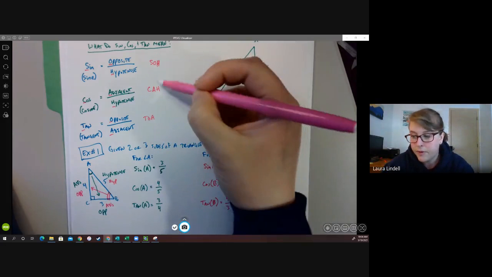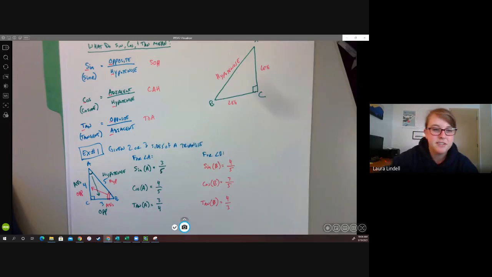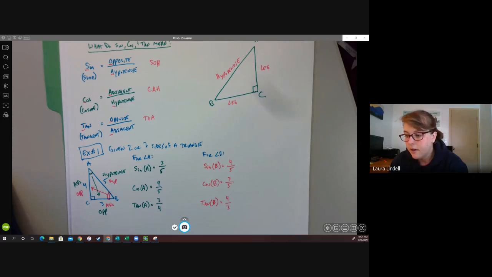So saying all 3 together, you get SOH CAH TOA, which is what a lot of people like to use to help them remember what sine, cosine, and tangent stand for. So if it helps you to remember SOH CAH TOA, feel free to use it. That's what I used when I was a student, first learning it. We remembered it with SOH CAH TOA.